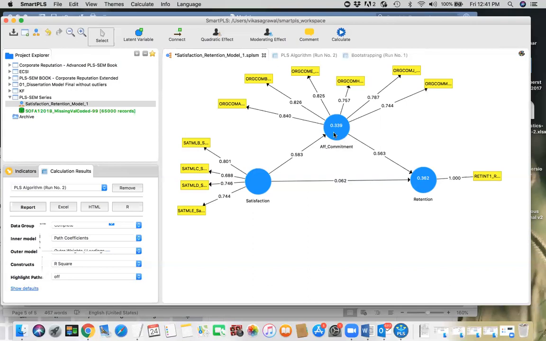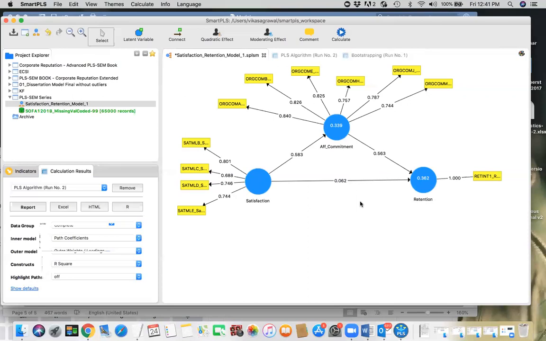It's very rare to get very high R square values in behavioral studies like this in marketing or human resources. That's something you have to keep in mind. Now there is a flaw in the R square. R square is calculated using the same data, so it's a within-sample measurement. It's not very reliable when you're doing predictive modeling.